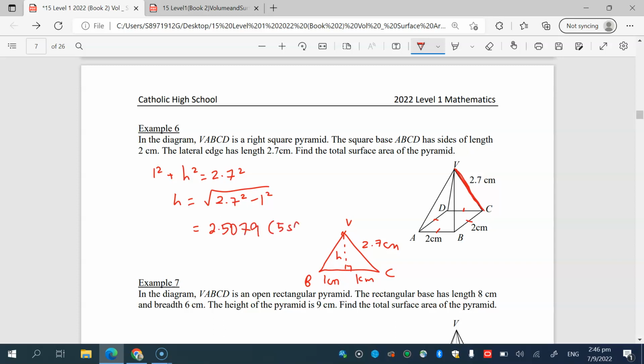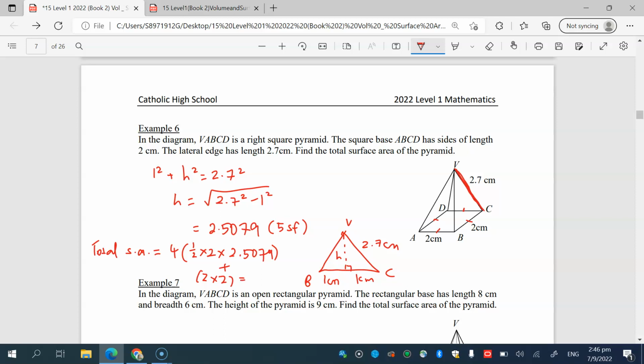Okay. So I need this height to find the area of one triangle, right? So the total surface area will be 4 of these triangles, half times base times height, 2.5079, plus the square base, which is 2 times 2.